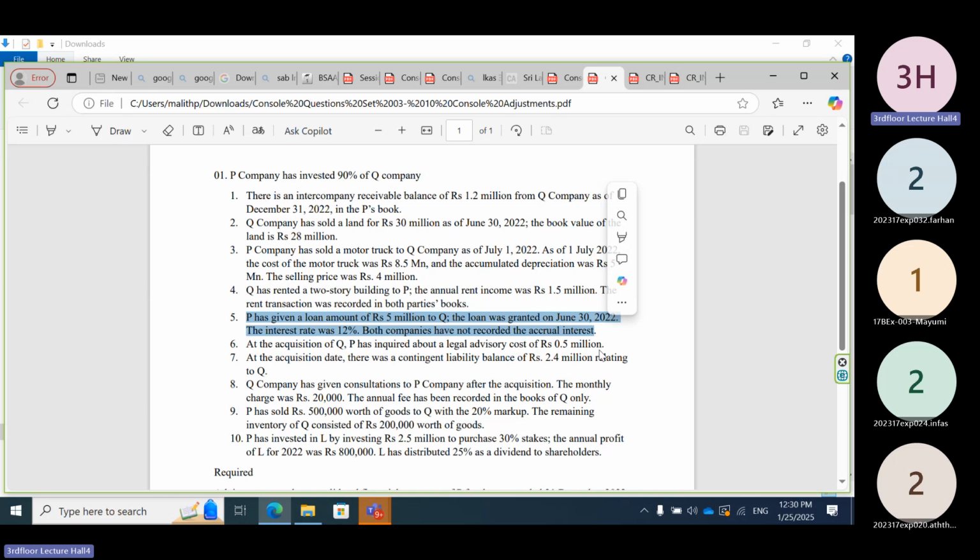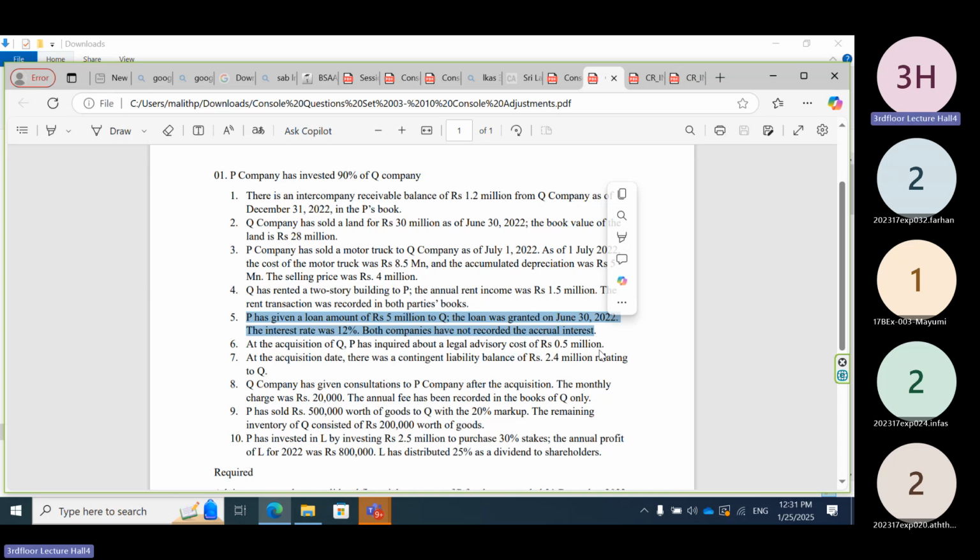The examiner clearly says the interest expense of this loan has been recorded by the subsidiary. The parent has not recorded the interest, the subsidiary has recorded it.